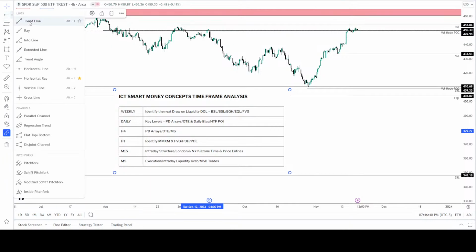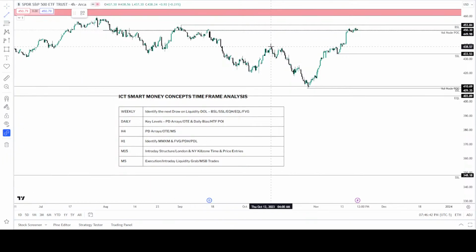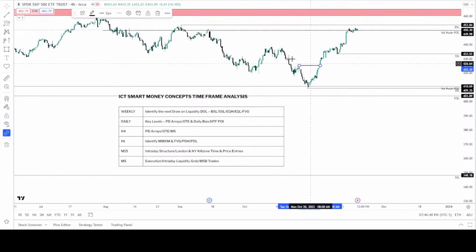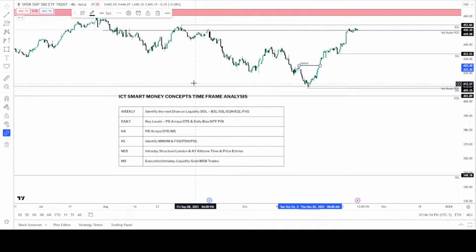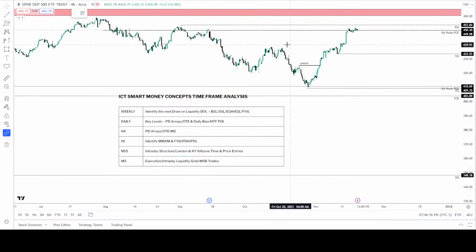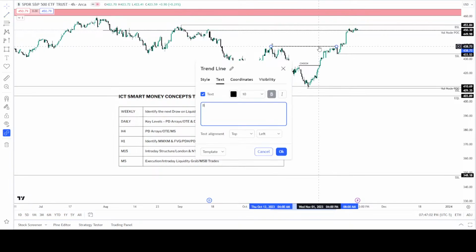But what we will do is we'll mark this as the initial change of character. And then this was a bigger swing, break of structure.